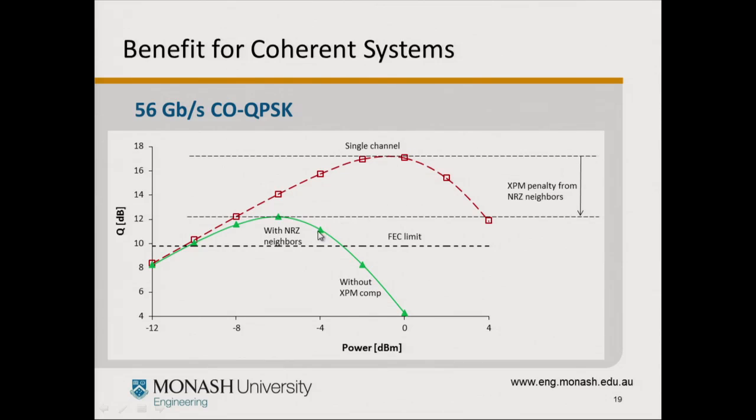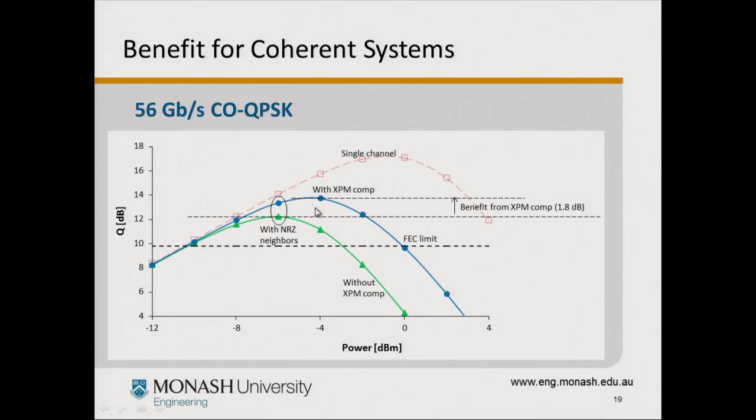So we're going to quantify the benefit of putting this single-step nonlinear compensator out in the front. Here we see a single-channel performance, and here we see the performance if we put some legacy channels in the system. We can see here, if we have cross-phase modulation, we can improve the performance by almost 2 dB.